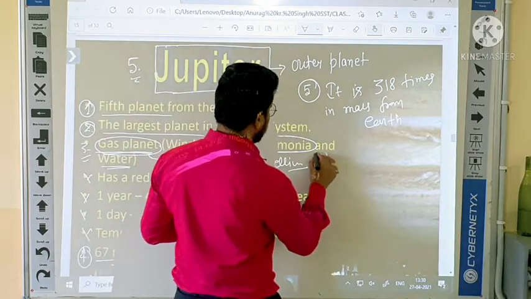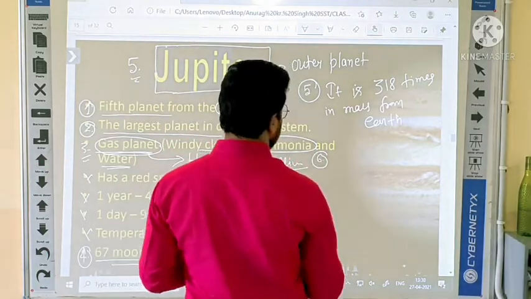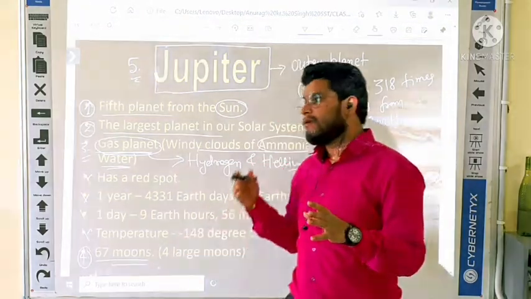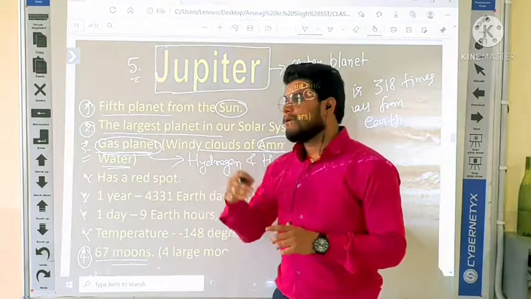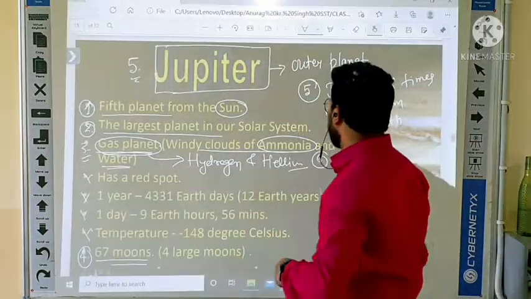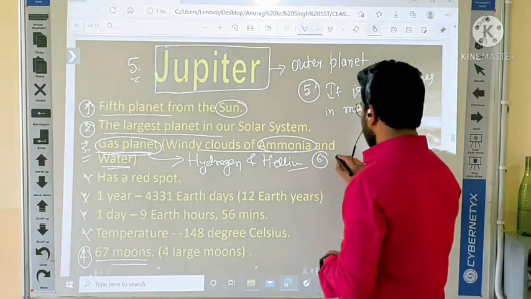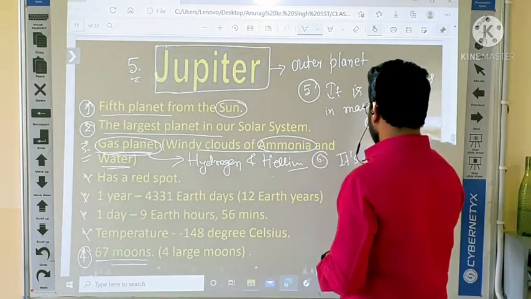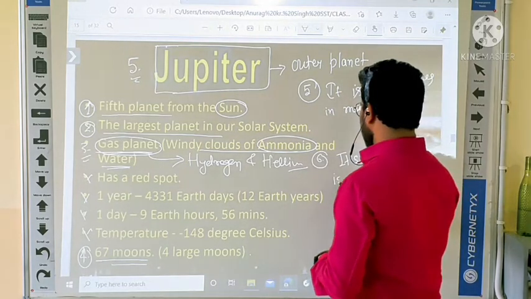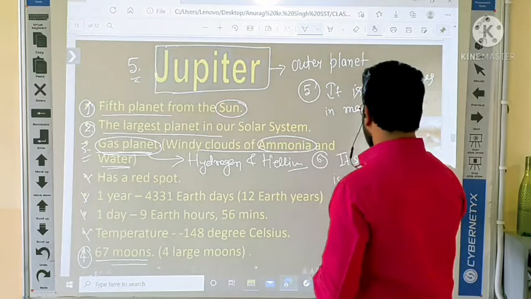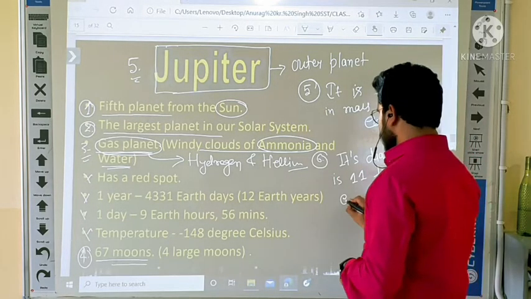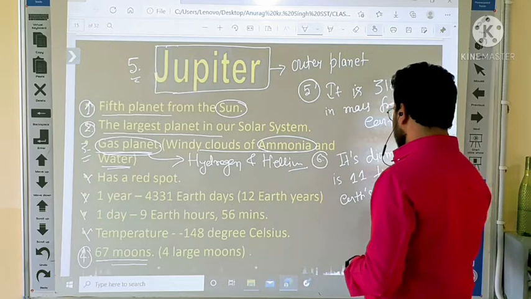The sixth point is its diameter is 11 times the diameter of Earth. So it is our sixth point. Its diameter is 11 times Earth's diameter.